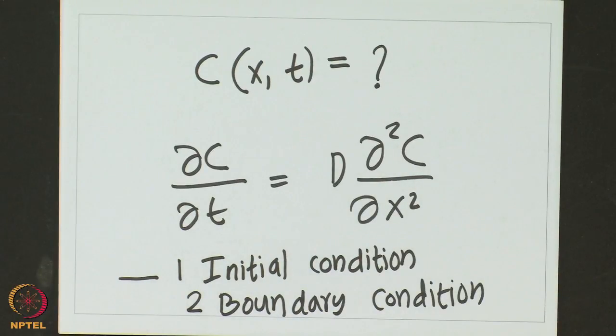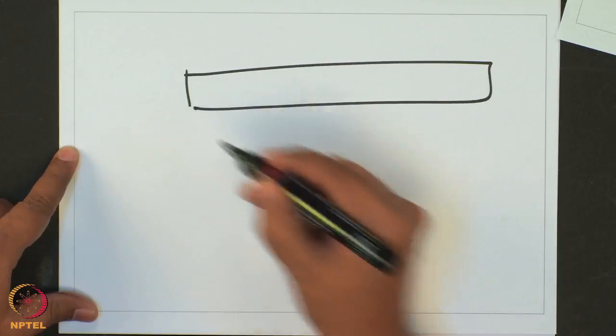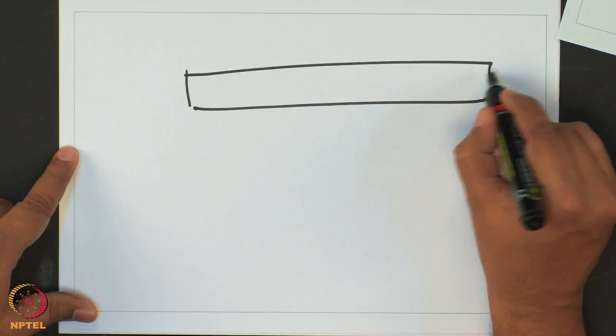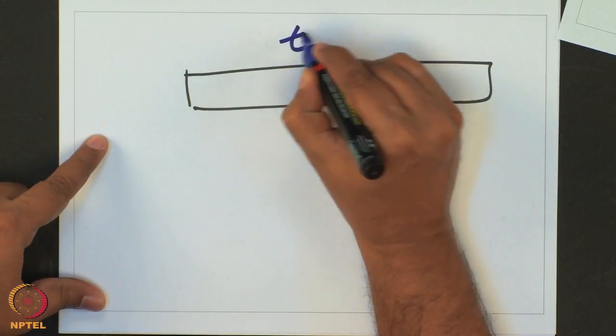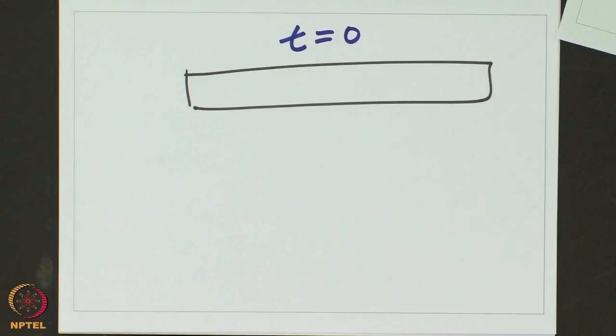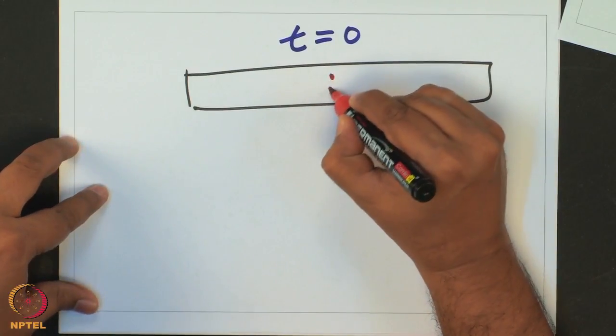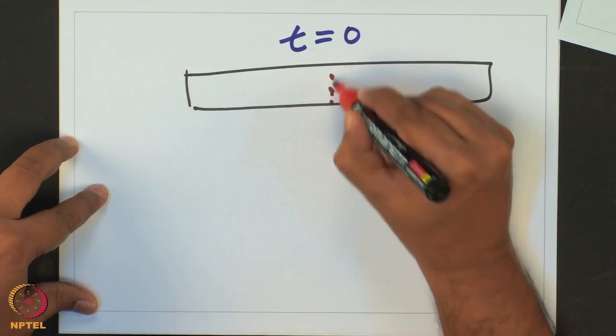If we provide these, we would be able to solve it. So let us think of the following situation, which is important to understand this. Imagine that you have a cell, as we have been imagining, a long one-dimensional cell which is very long, and imagine that at time equal to 0, all the protein molecules are at just one point here.